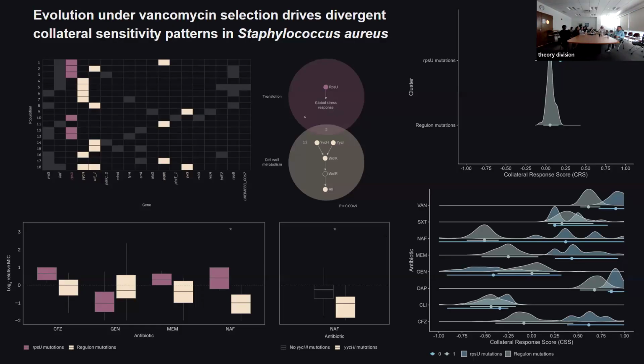So in addition to an antibiogram, we are arguing that in the future, a collateral response score that captures this likelihood is necessary for the clinician to predict where the population is going next. So that's what I've been working on, and yeah.